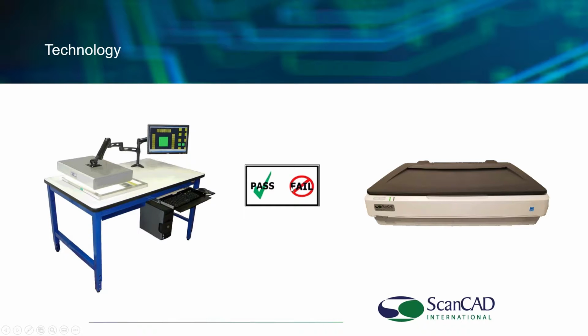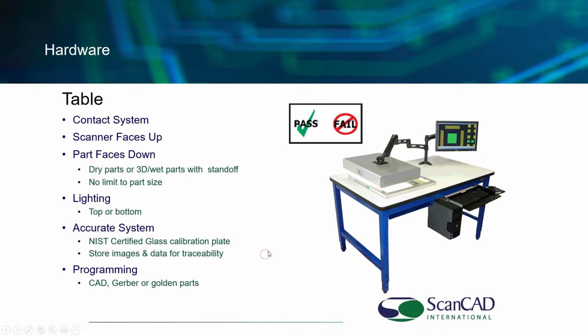The scanner is A3 size, which means you take more than one picture for a large part. The system is aware of the CAD data, so it knows when you're inspecting a large part, you simply move the part, inspect, move the part, inspect, move the part, inspect. The system keeps track of what's been inspected, so you know you inspected the entire large part.